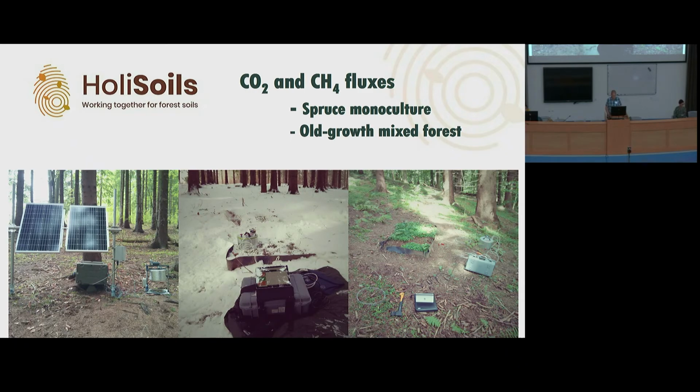Besides measurements that are done every 2 weeks using a LI-COR machine, we also use automated chambers to continually measure CO2 fluxes, just to be able to scale up the fluxes.